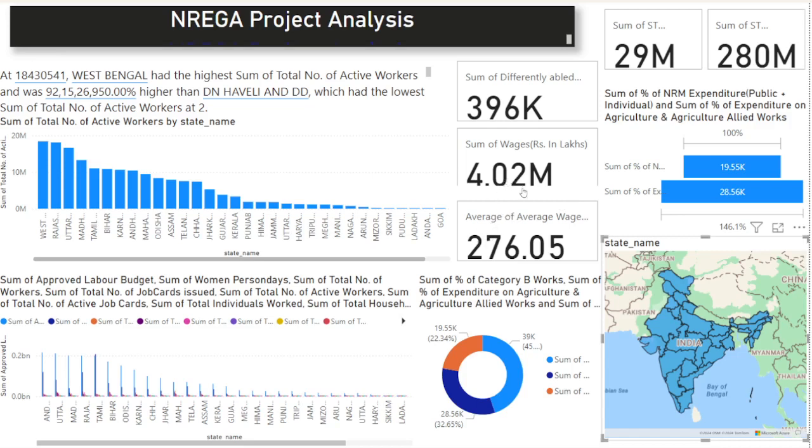This is the total number of job cards issued per number of GPs with nil expenditure. All these are analytics insights of the NREGA project. ST workers against active workers. Total number of households completed.